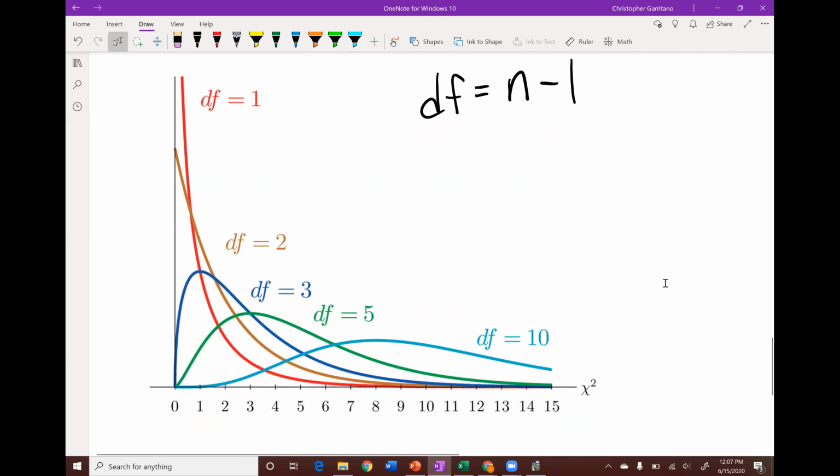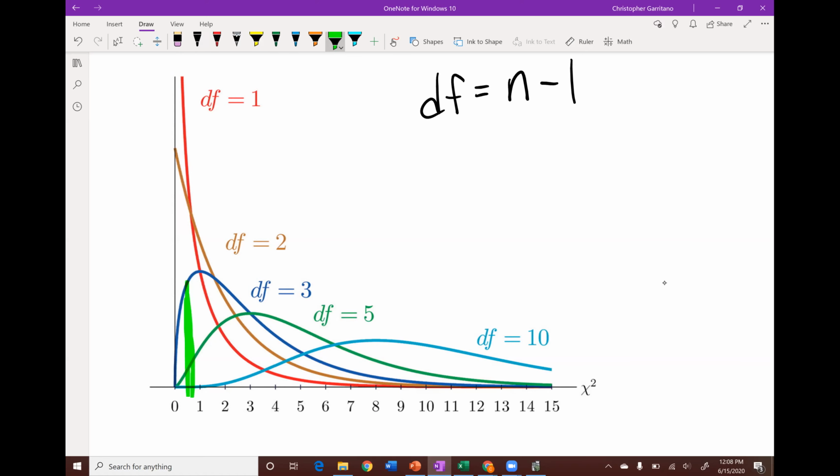Now, as you can see, as the degrees of freedom increases, it becomes less likely to obtain lower values, right? When degrees of freedom is 1, much of the samples will give you something between 0 and 1 in terms of your chi-squared value, right?